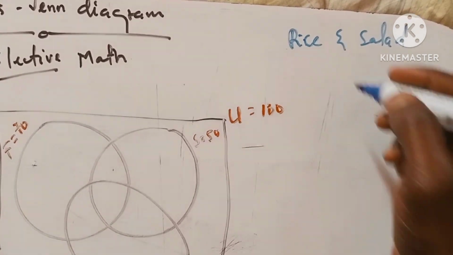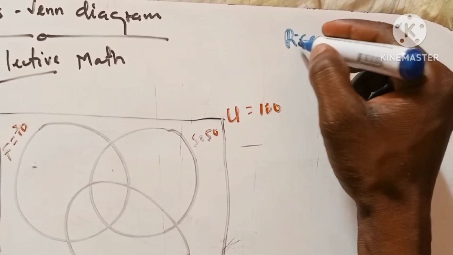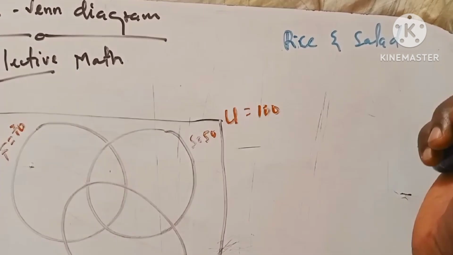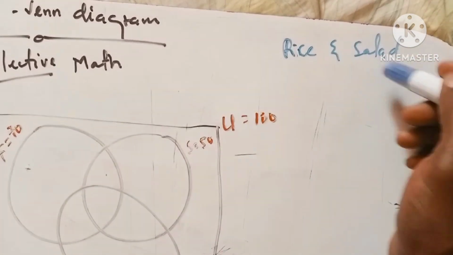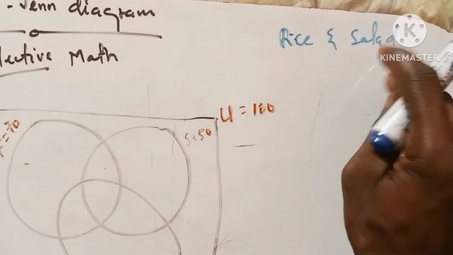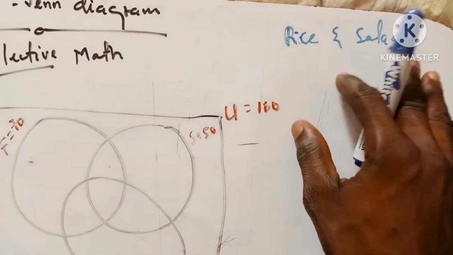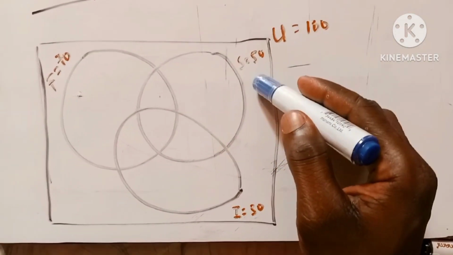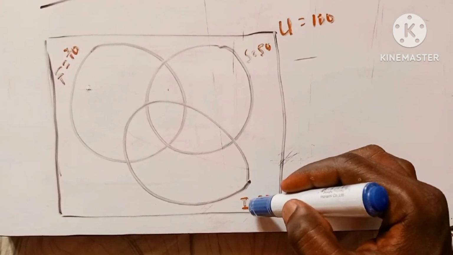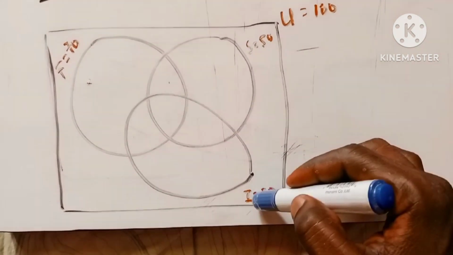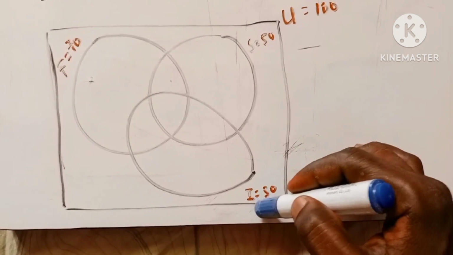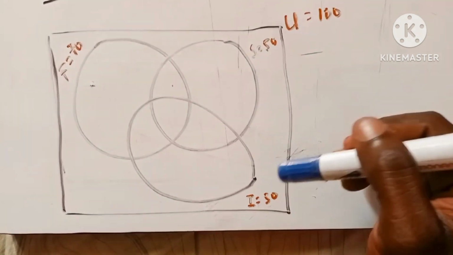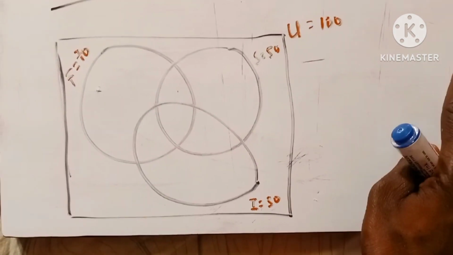If you say you enjoy rice and salad only, what we are trying to say here is that you don't eat anything apart from this rice and salad. So these are the two things that you enjoy. Now, these guys are suffering from stomach issue. This guy is also injured, and then at the same time suffering from stomach issue. So you are suffering from two things only.